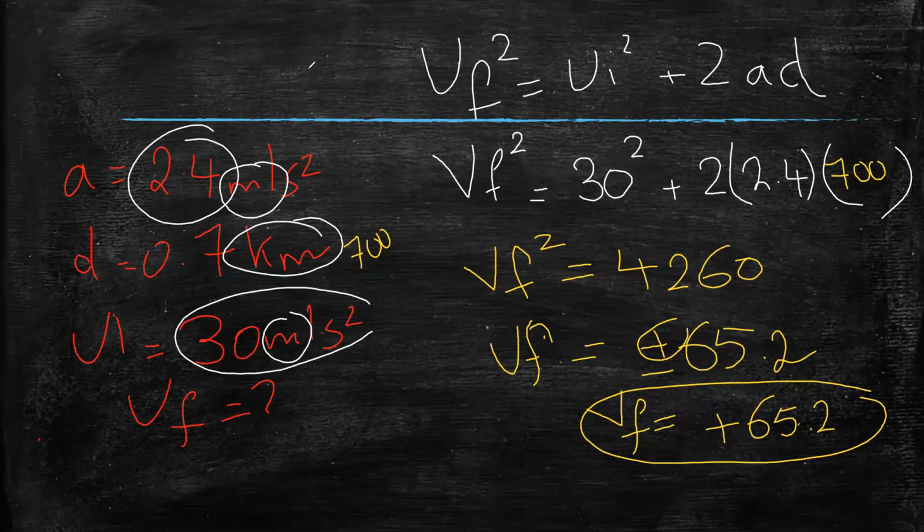But the acceleration could be negative. Only the acceleration can be negative, as deceleration. The time cannot be, the velocity cannot be, and also the distance. There's no negative distance. Okay, is it clear?